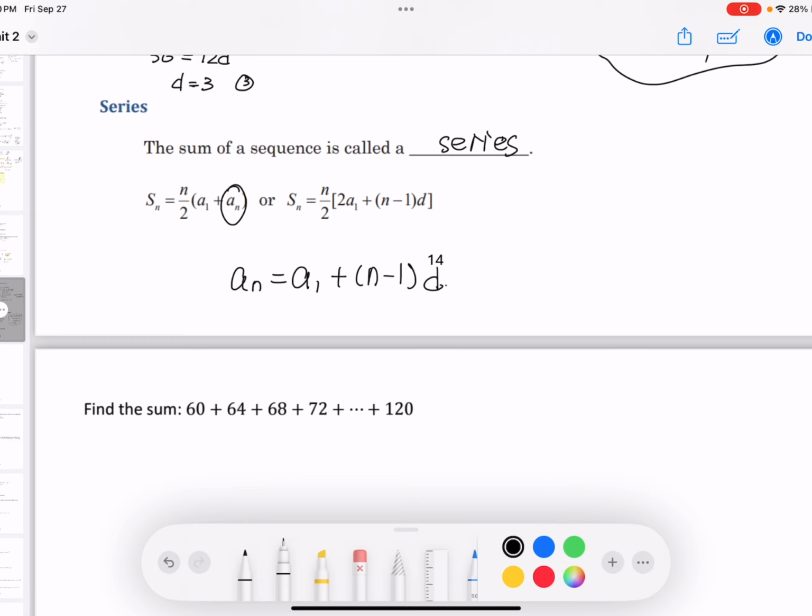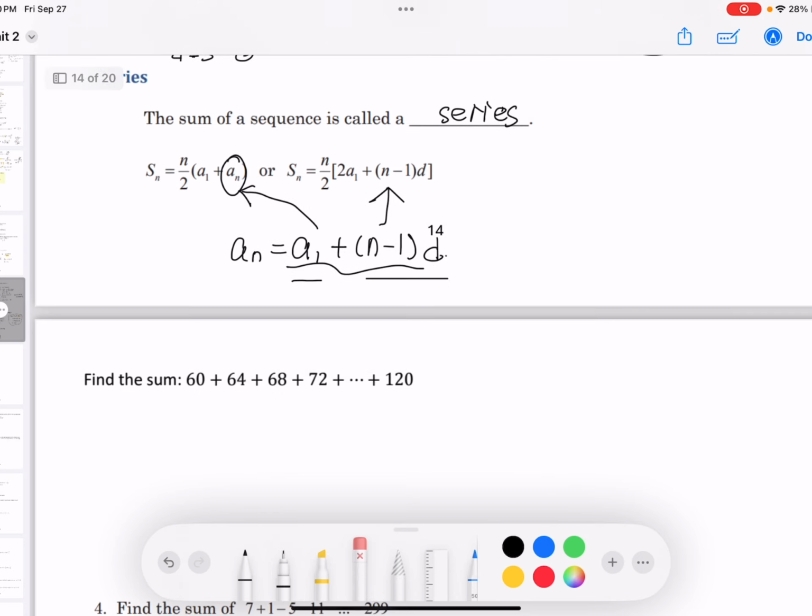So if I replace my a sub n by a sub 1 plus parentheses n minus 1 times d, we're going to have this formula, which is n divided by 2 times 2 a sub 1 plus n minus 1 times d. You can memorize either one.